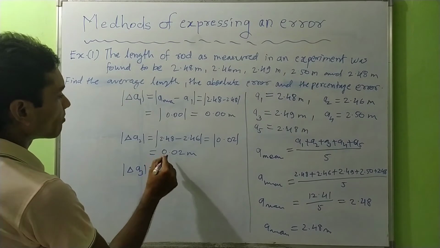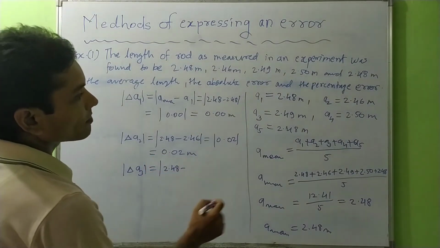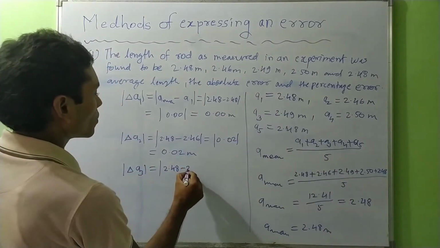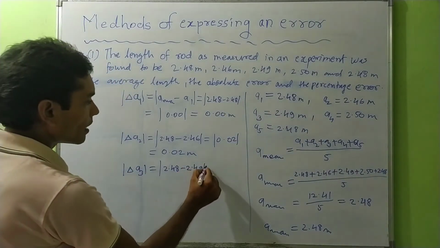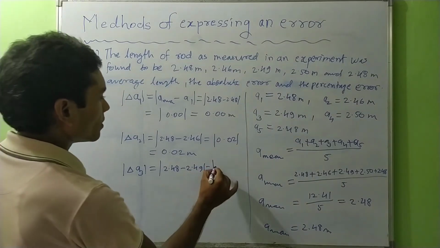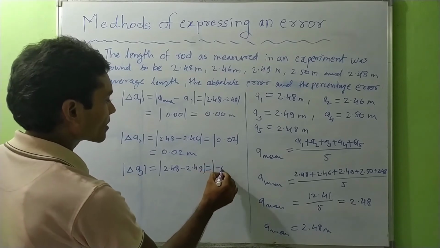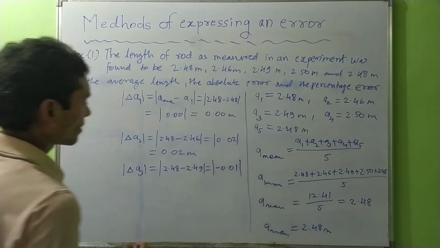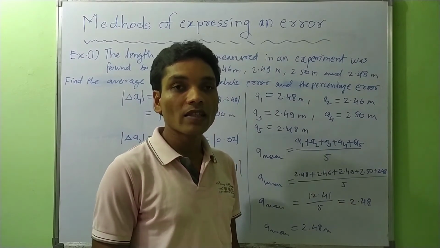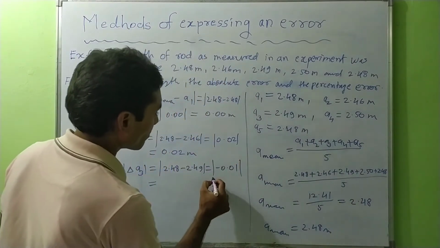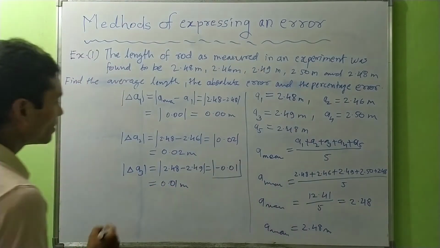It will be equal to the mean value 2.48 minus the third reading 2.49, which gives modulus of minus 0.01. We know that the modulus sign always gives a positive value, so this will also be a positive value, 0.01 meter.